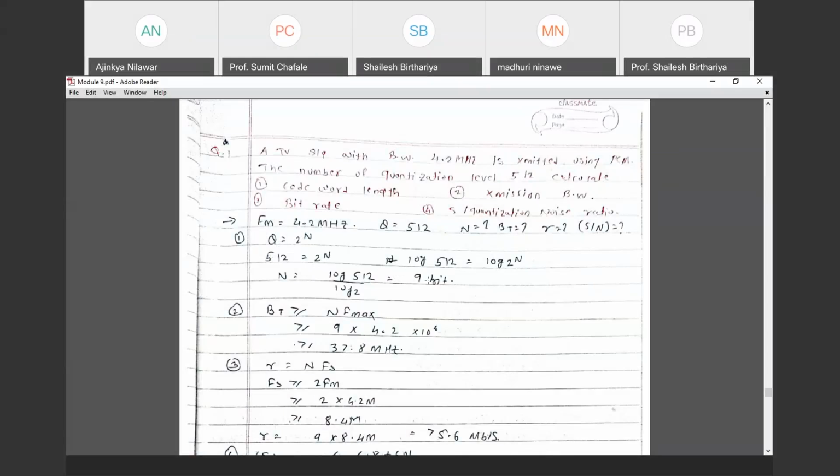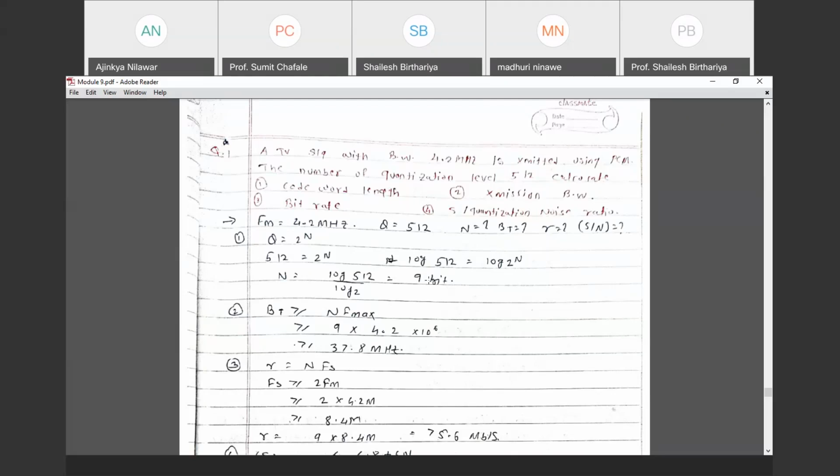That means whenever 9 bits are there, how many quantization levels? 512 quantization levels are there. Okay, in the exam, a vice versa question is also there. They may give 9-bit information, find out the quantization level, just 2 raised to N, 512. So there are a lot of possibilities to ask with the help of the formula. You can ask this parameter vice versa.